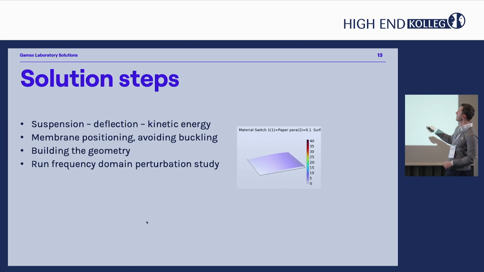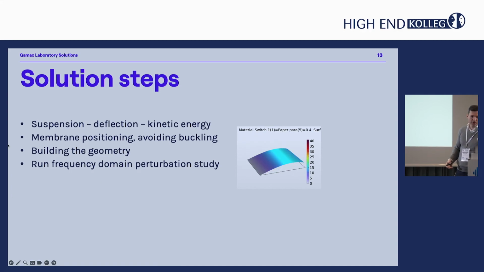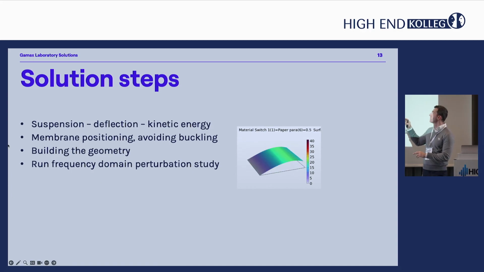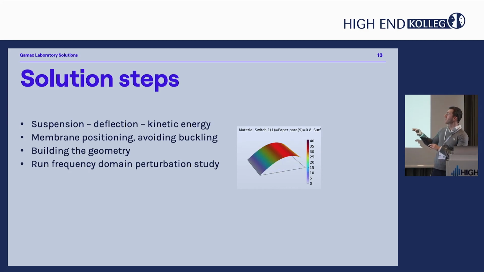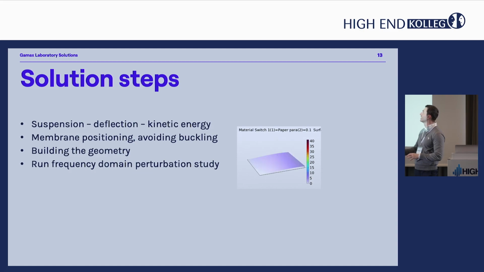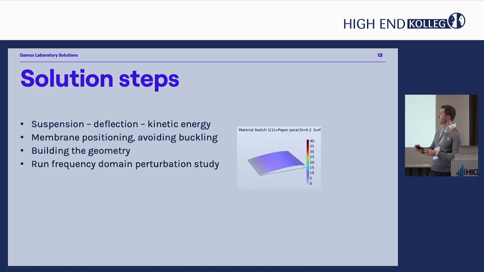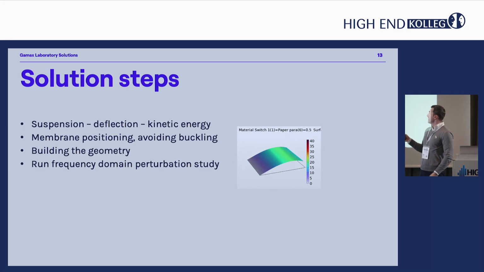Then we can calculate the deformed shape of the model, and since it's a large deformation, we need to take into account that it's a geometrically nonlinear problem, and also since it's a membrane, we need to ensure that it has just a unique solution, otherwise it turns into a buckling problem. So numerically it's not that easy to solve that one. Then we build up the geometry, run the study, and we can plot the results there.